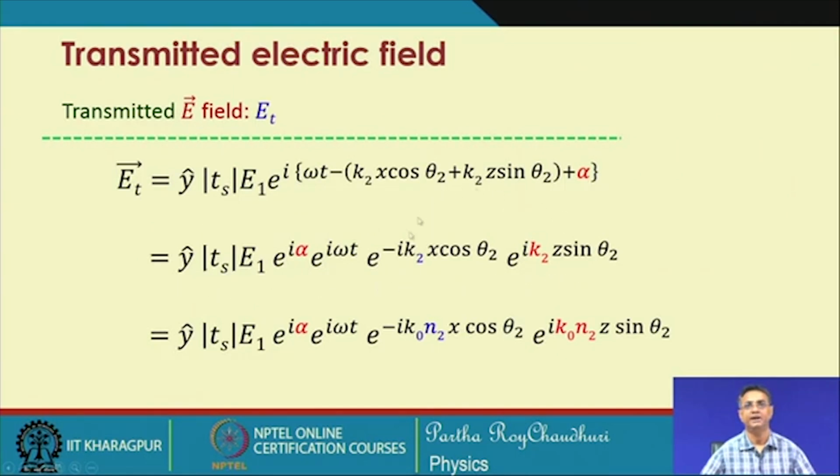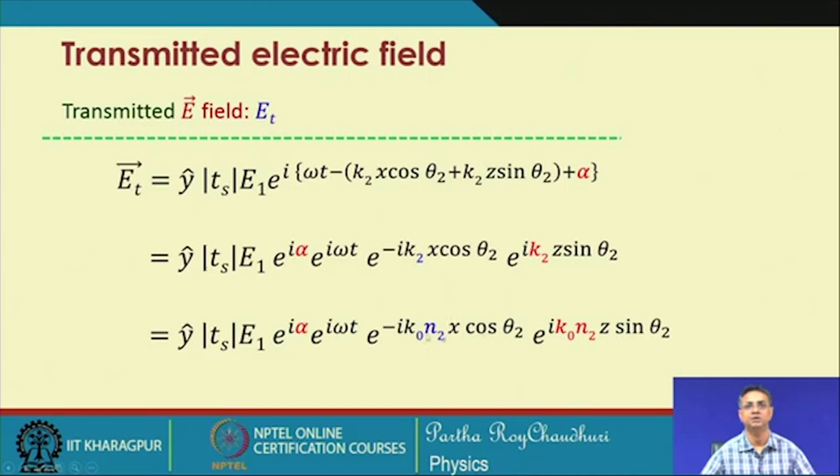So, rewriting this equation by separating all the individual phase components, that is e to the power of i alpha, e to the power of i omega t, e to the power of i k 2 x cosine theta, and so on, we can show that all of these quantities are positive. This is the only quantity which is negative.